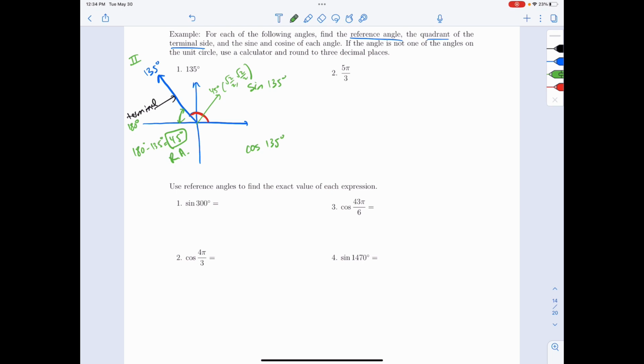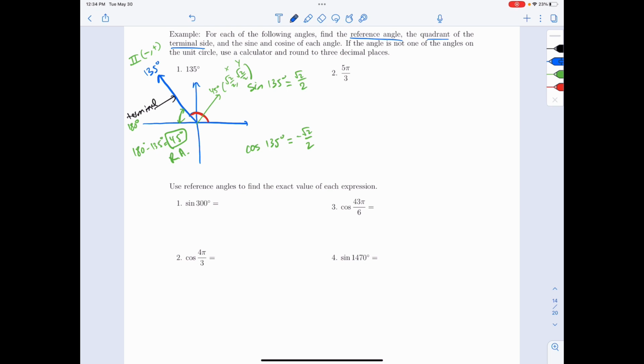I'm going to use those same coordinates to evaluate sine of 135 and cosine of 135. Just note that in quadrant 2, the x-coordinate is negative and the y-coordinate is positive. So for sine of 135 degrees, I'm just going to use the y-coordinate, which is positive root 2 over 2. And then the x-coordinate will also be root 2 over 2, but it's going to be negative because we're in quadrant 2.